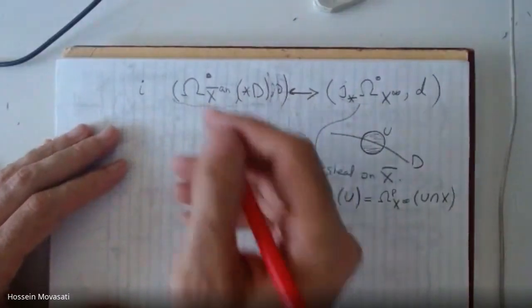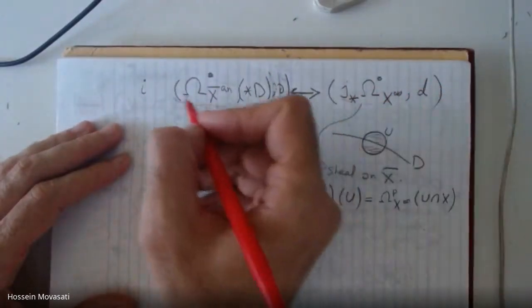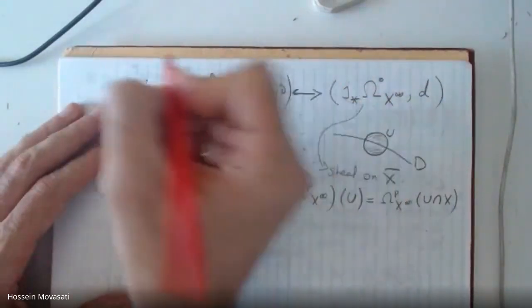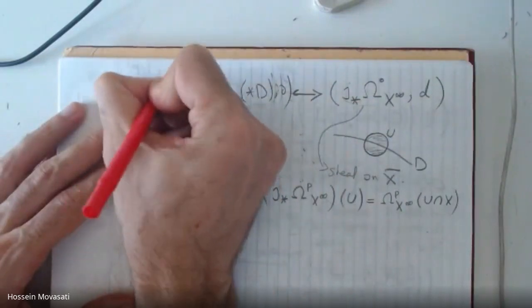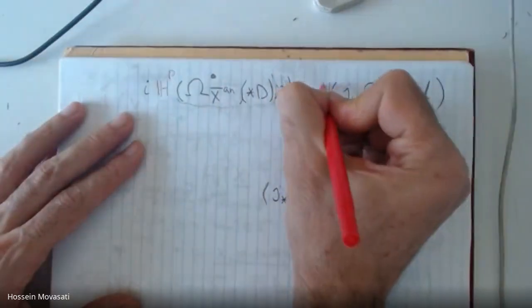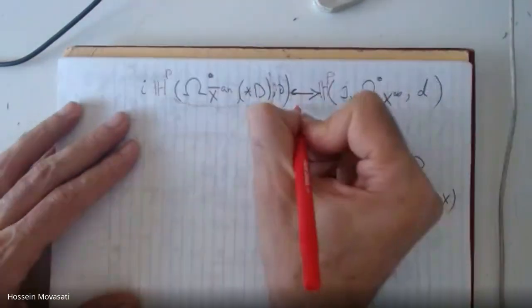If you have this morphism of complexes, then when you take hypercohomology on both sides, you will have again a map.